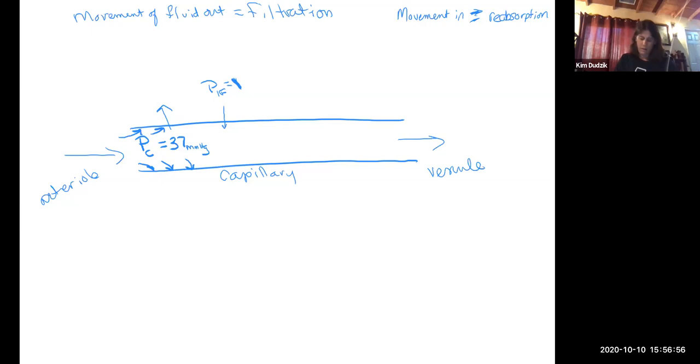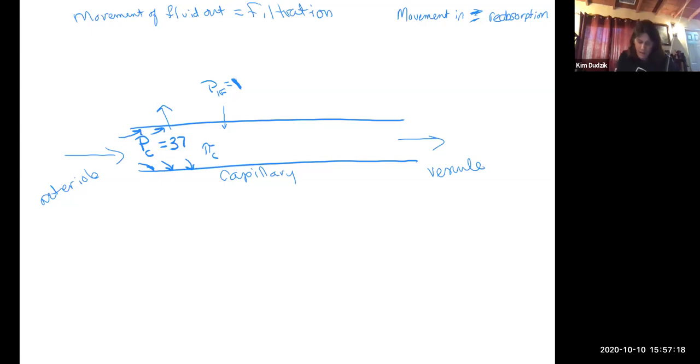Okay, and then inside the capillary, remember there's colloid osmotic pressure. I'm actually going to erase this because I need the space. So I'm going to move this over. We have colloid osmotic pressure of the capillary.